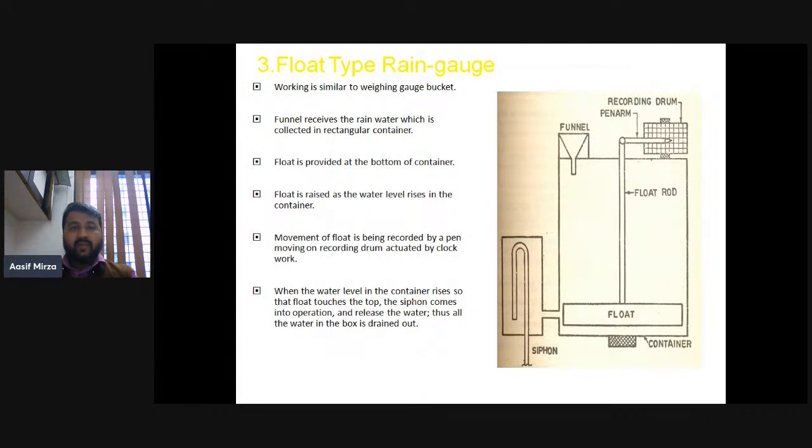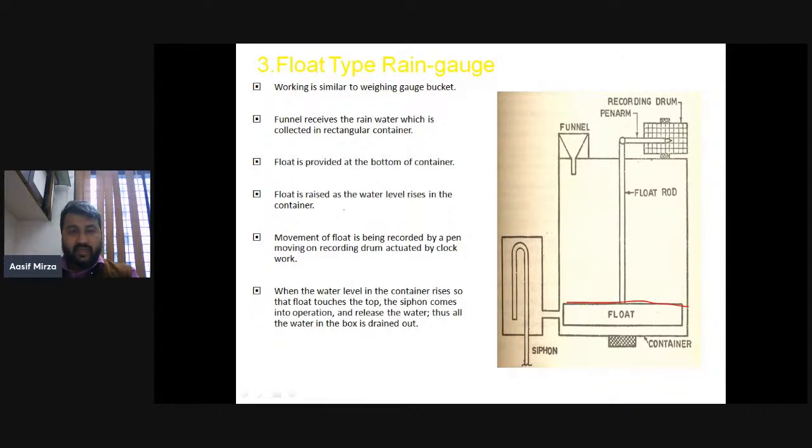Now the third type of automatic rain gauge is the float type rain gauge. The float type rain gauge works similar to the weighing bucket gauge, in which the funnel receives the rainwater which is collected in a rectangular container. A float is provided at the bottom of the container. You can see in the figure itself, this is the float which is provided at the bottom.